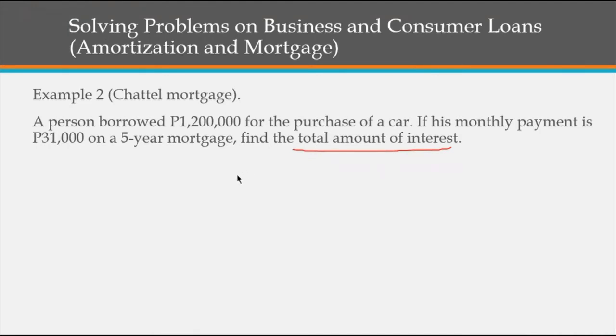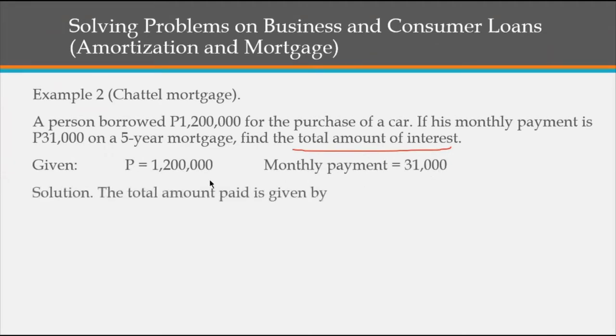So tingnan natin yung mga given. So nandun ang ating given fee or yung principal or present value, 1,200,000. Monthly payment niya, 31,000 or itatawag natin regular payment. Then, ang hinahanap natin ay interest. So, by computation, kuhanin muna natin yung total amount for 5 years.